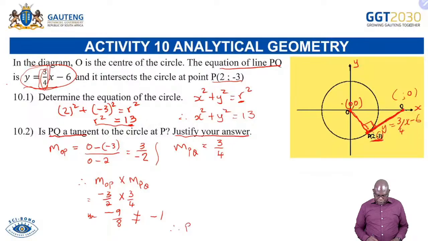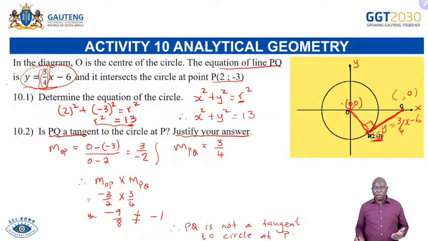Therefore, PQ is not a tangent to the circle at P. It cannot be a tangent to a circle at P. Reason being, the two gradients multiplied together don't give us -1.